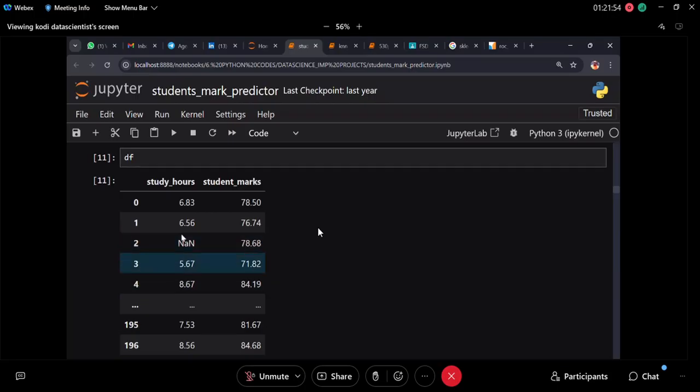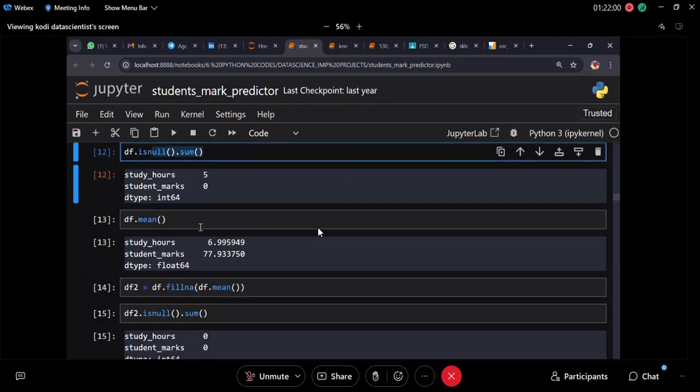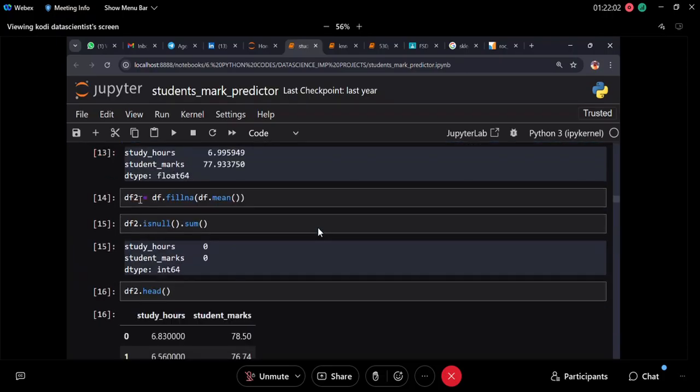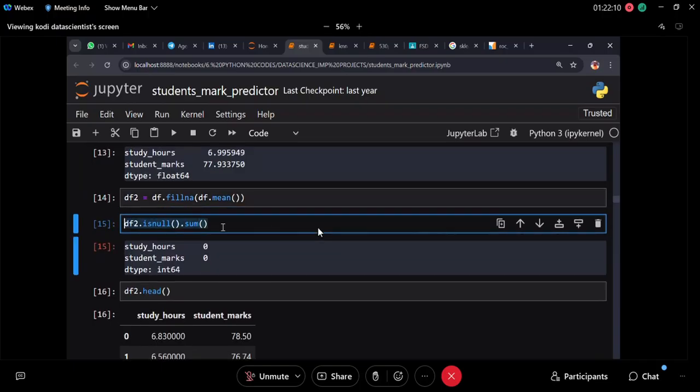Do we have missing values or not? We have to impute missing values using isnull().sum() and df.mean(). I take a new variable df2. df2 fills all the missing values with the mean strategy. Now tell me, can I use df or df2? df2, because df has missing values, df2 has filled values.